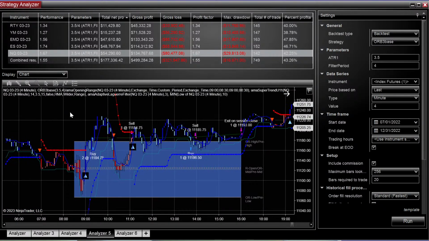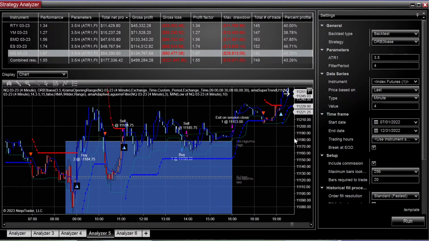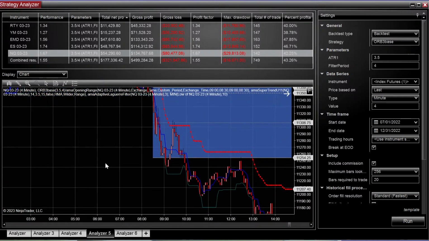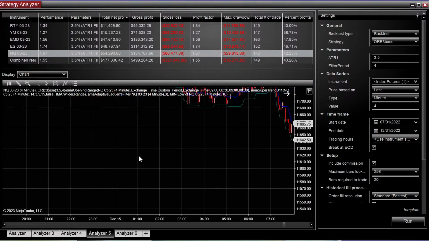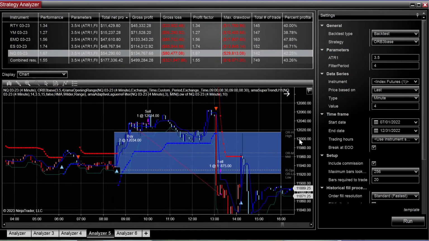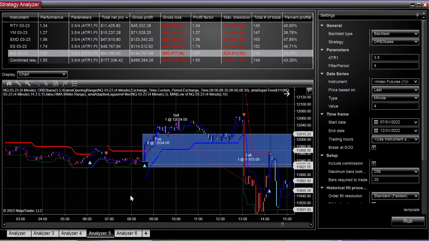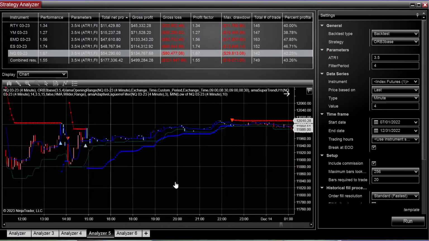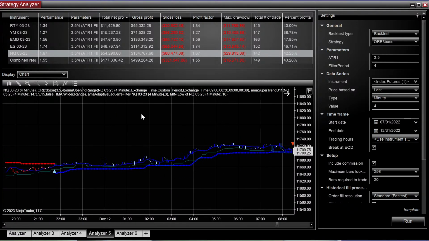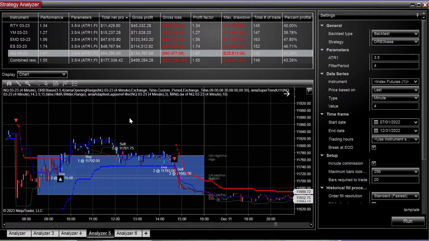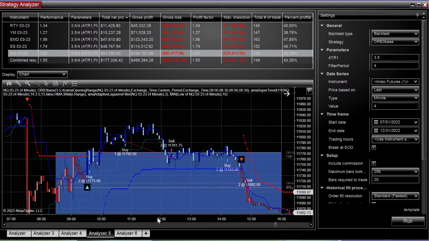Let's see what's going on here. Take some off. Added some more here. So I'm trying to find a scenario where it actually doesn't work in our favor. Okay, so here's an example finally.